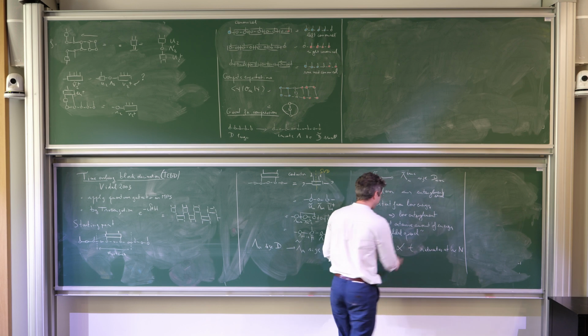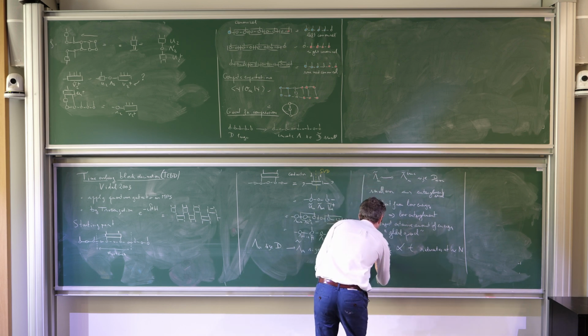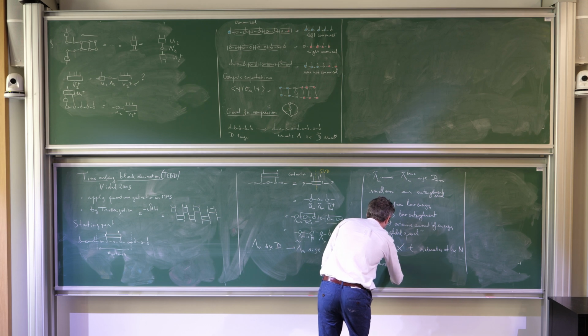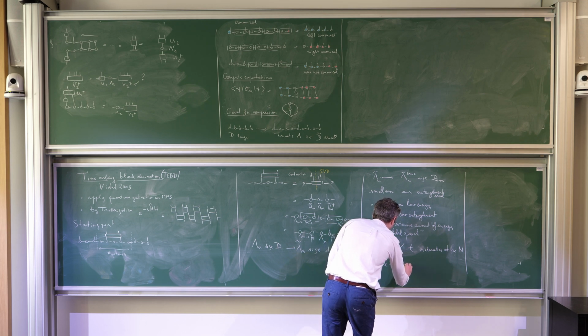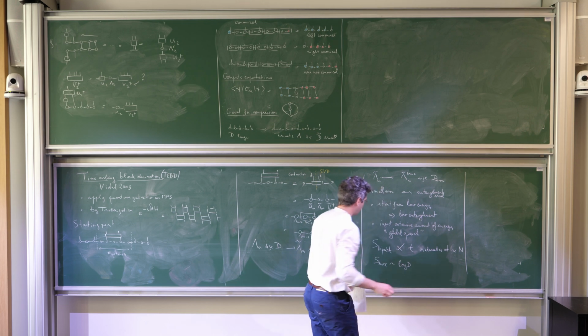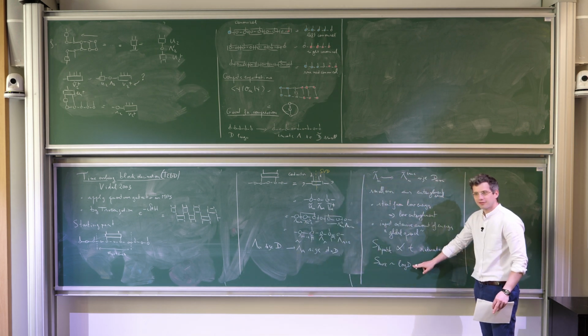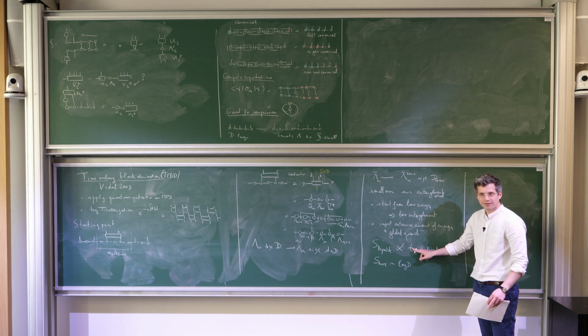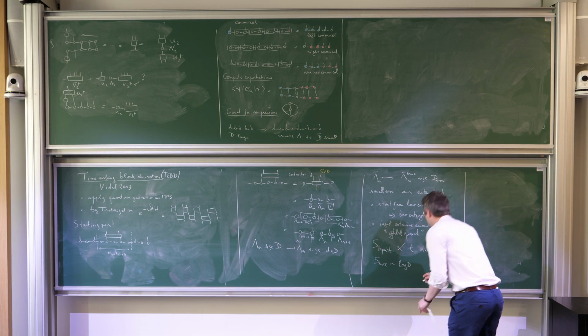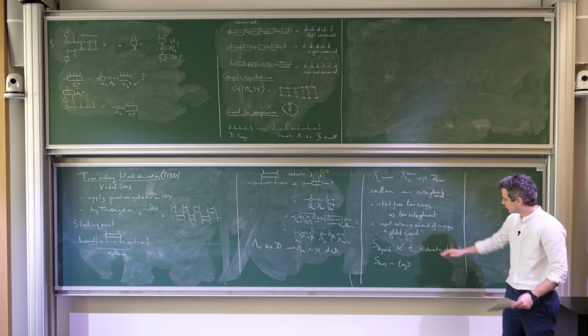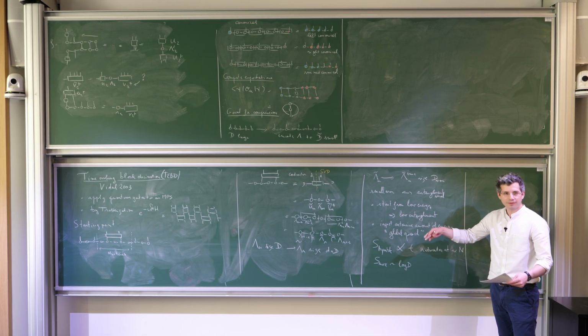What is crucial, and that you should have in mind, is that S max, the maximum entanglement entropy you can get, is something proportional to log D. Okay, so by growing D, you don't go much further in time. That's the crucial thing. So if you like, if you double D, you get a constant amount of time.